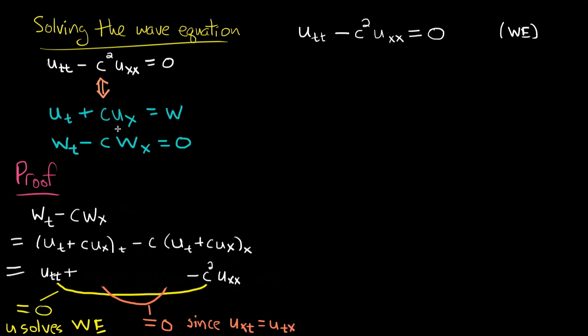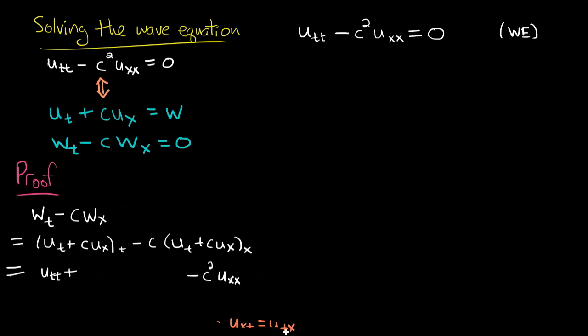So there are equivalent sets of equations. While we're at it, we might as well just get rid of this junk down here just to clean it all up. So we see that really all this proof consists of is computing WT minus CWX and seeing that it's equal to the wave equation in U, and therefore one is 0 if and only if the other one is 0.